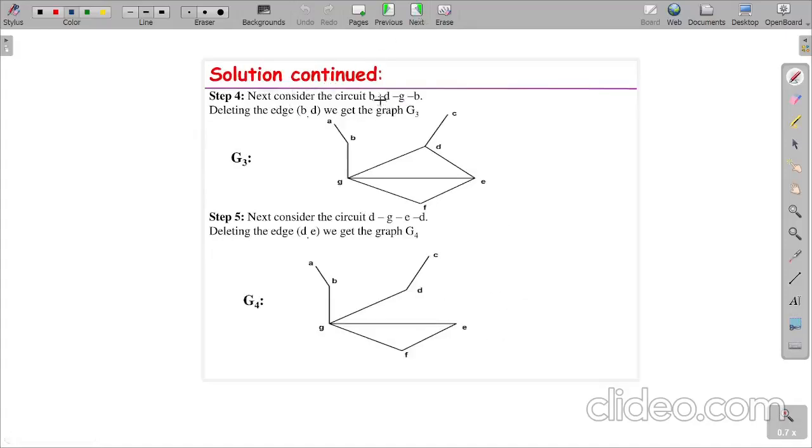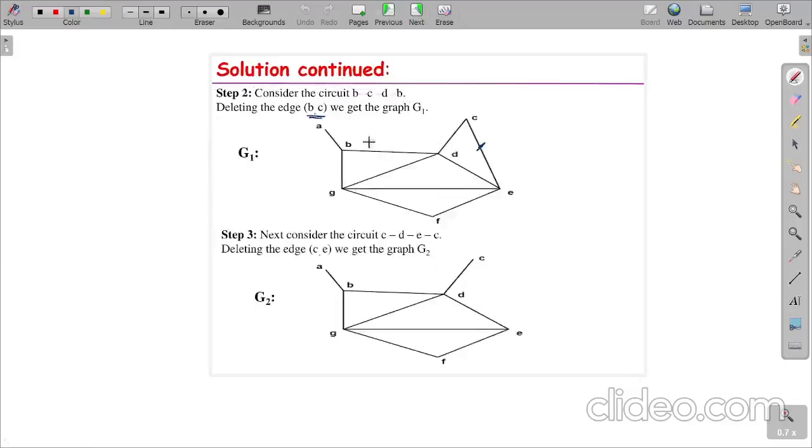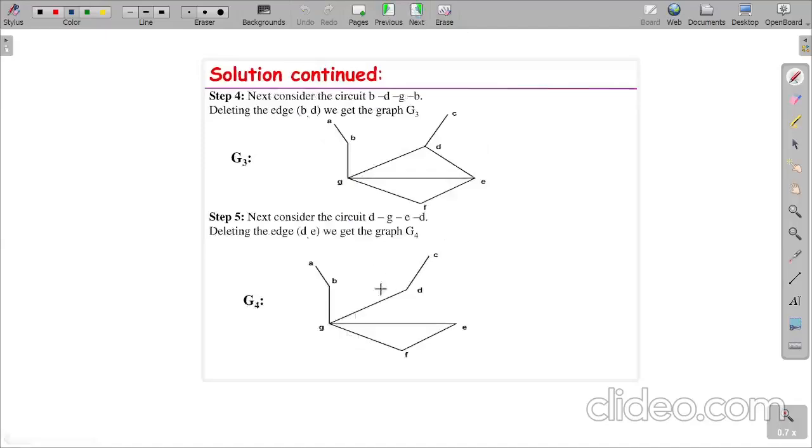Next, we are considering BDGB, this circuit, and we are deleting the edge DE. Then we are getting this portion.